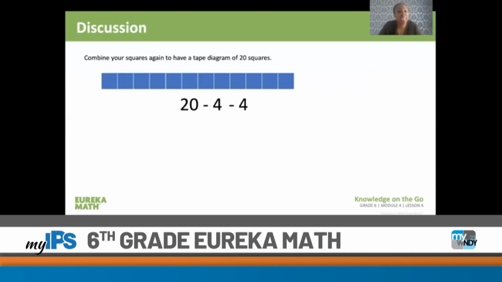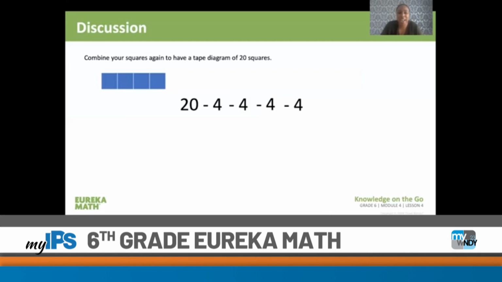Now let's subtract another 4 square tiles. Let's alter our expression to reflect what we just modeled. 20 minus 4 minus 4 minus 4. Now let's take away another 4 square tiles. Let's alter our expression again. 20 minus 4 minus 4 minus 4 minus 4.